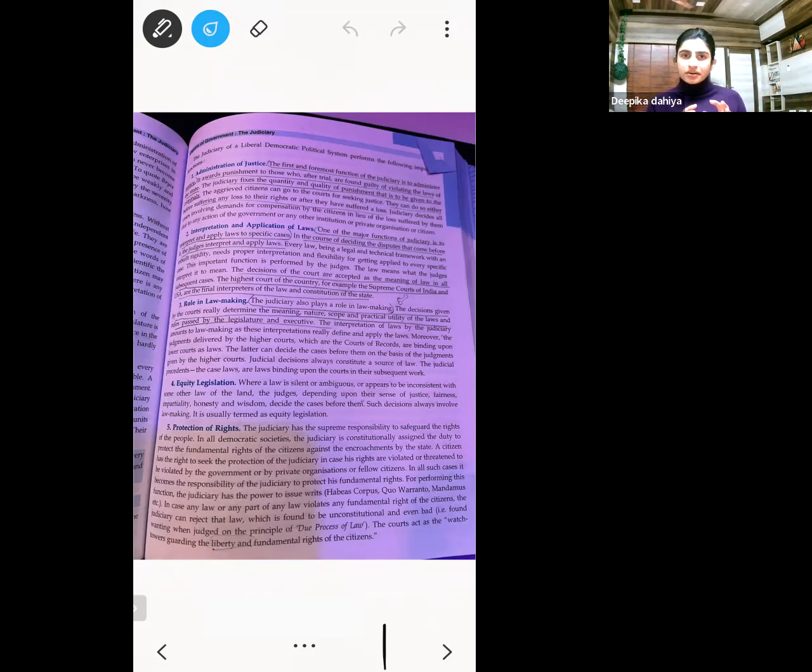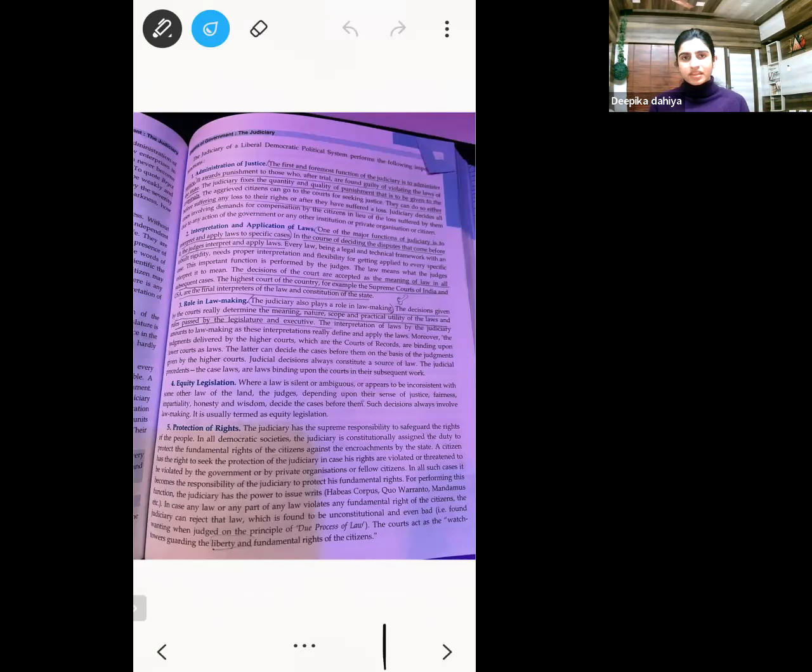Which can be understood by interpreting the preamble, by looking at the values stated in the preamble. For example, equality is mentioned in the preamble, and at the same time social justice too is mentioned.